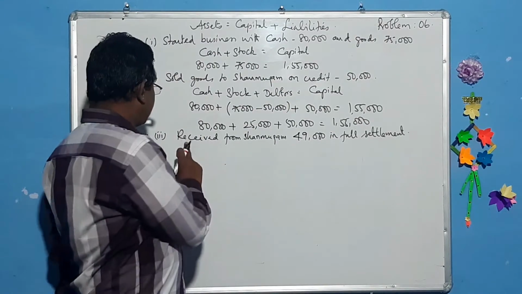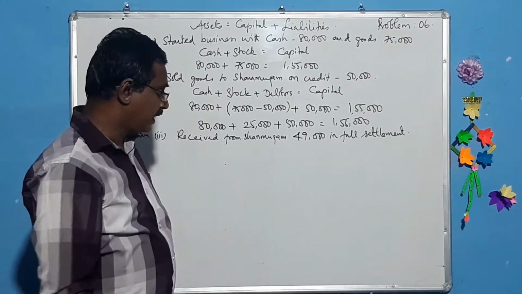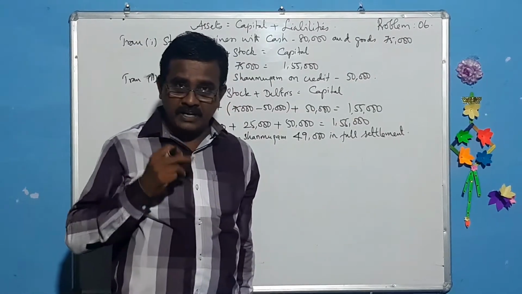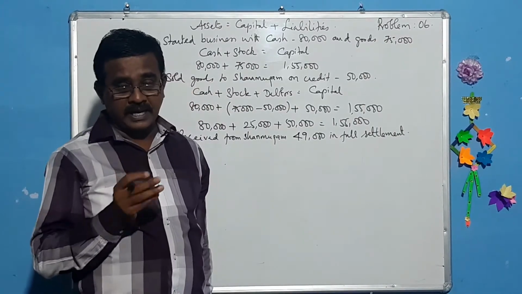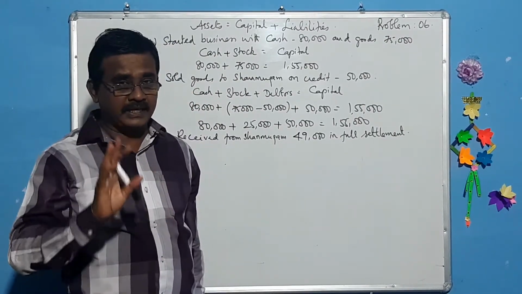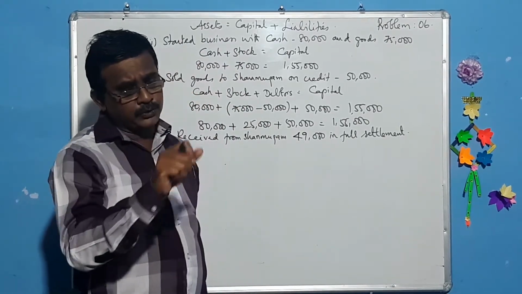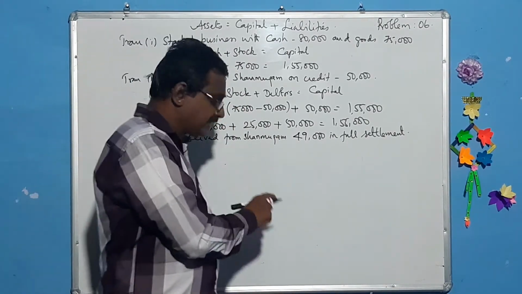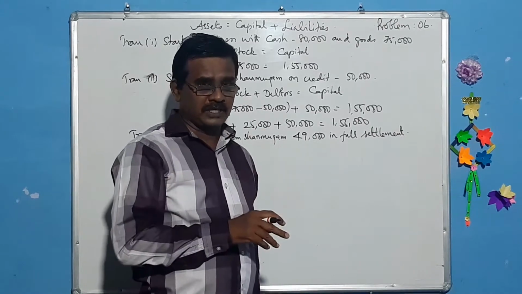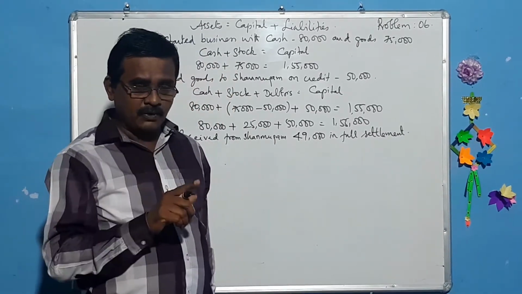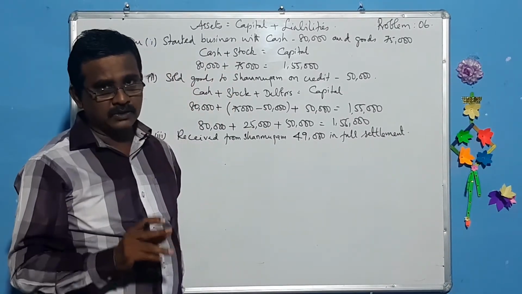Try to understand this transaction. See, Shanmugam has to give us 50,000. Instead of 50,000, he has given only 49,000. Then what happened to that 1,000 rupees? He has taken it as a discount. So that discount becomes a loss.